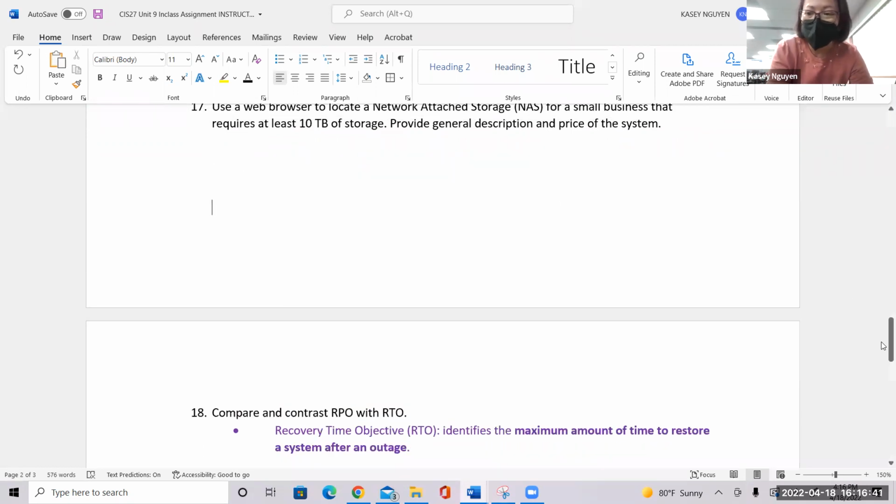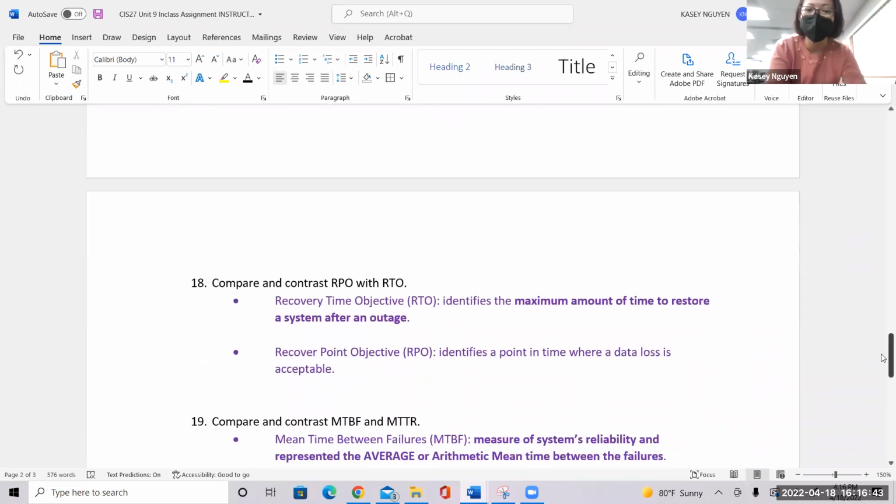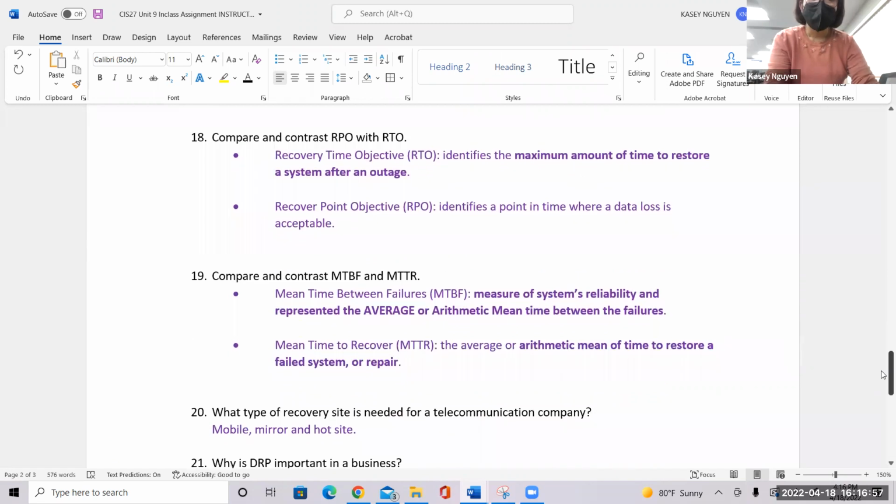Okay. So RTO, we said that that's going to be the maximum time to restore. And then the RPO is the point of time where the data loss is acceptable. And then the mean time between failures is the reliability that's represented by the average time between failures.